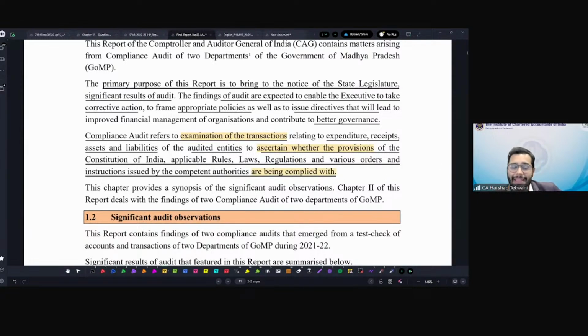Compliance audit basically checks whether the transactions were done in accordance with not only laws and regulations, but also various orders, instructions and schemes which are issued by competent authorities from time to time.